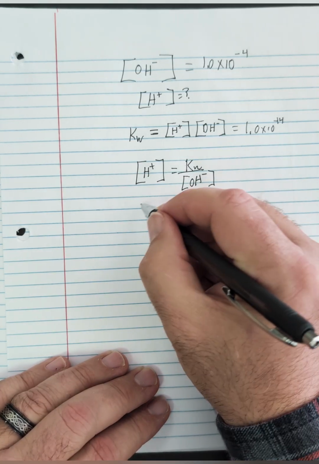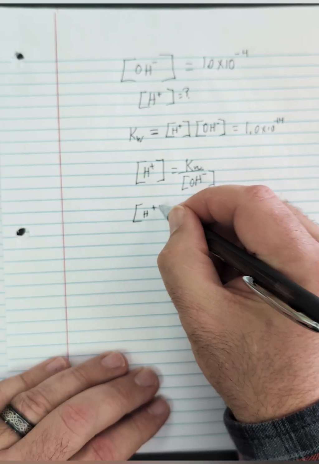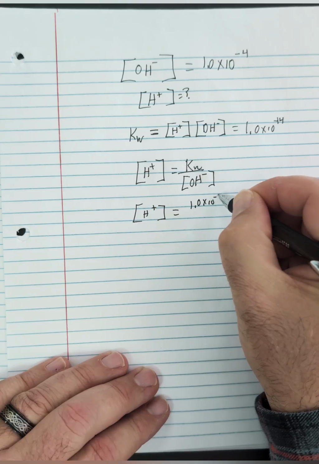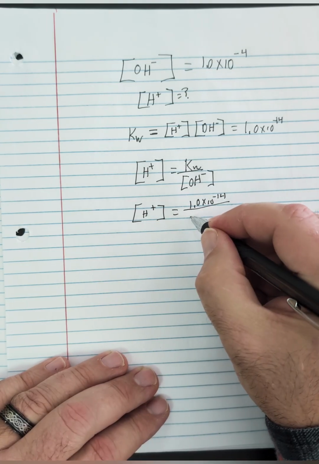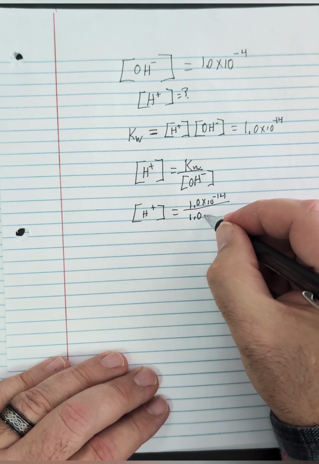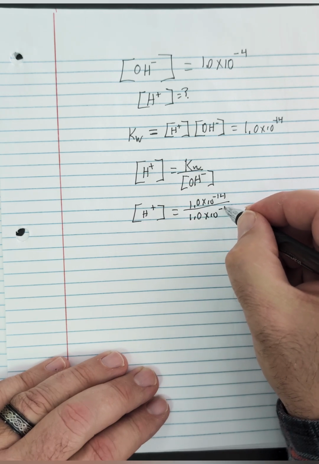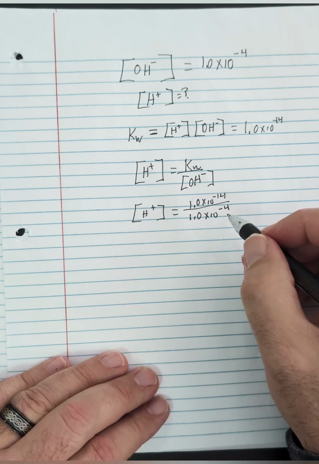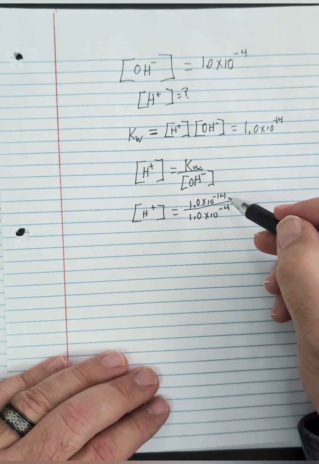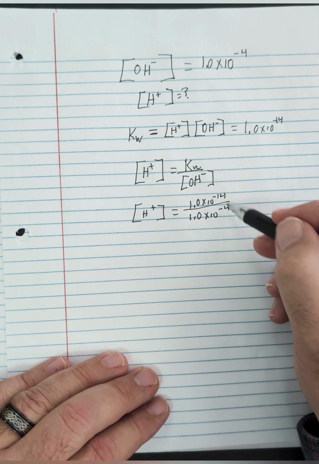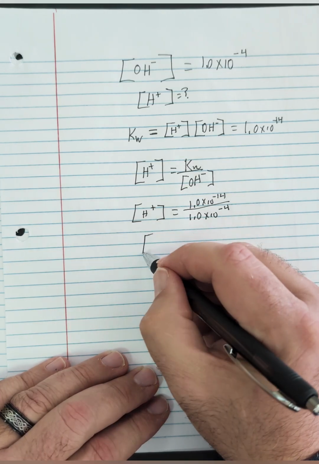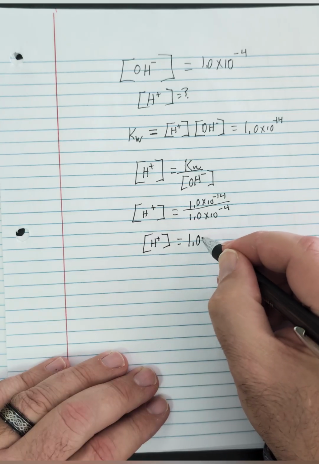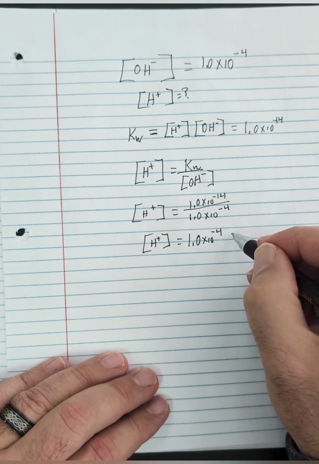We substitute in: 1.0 times 10 to the negative 14th, and we were given 1.0 times 10 to the negative 4. When you divide with exponents, you subtract those, and so the hydrogen concentration is 1.0 times 10 to the negative 4th.